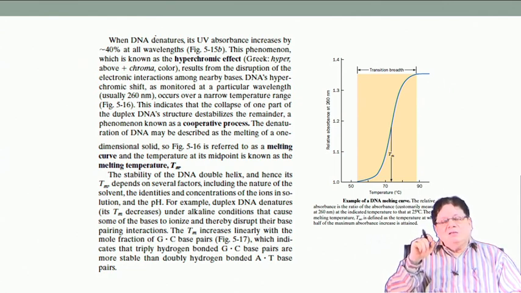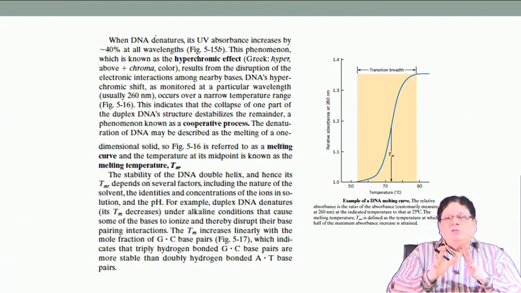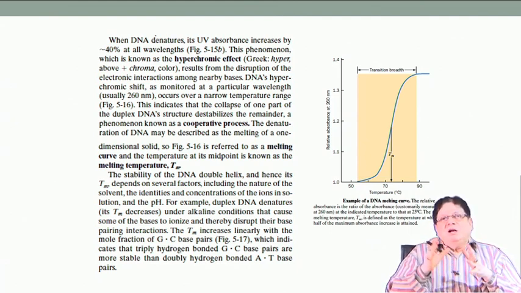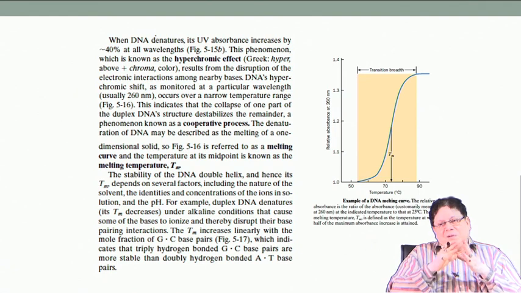See, DNA has bases which are aromatic in nature. So, they absorb around 260 nanometer, that is their maximum absorption, lambda max. So, what you do is take the double stranded DNA and measure the absorbance at 260 nm, starting at a temperature of say 25 degree centigrade. Now, you start heating the DNA.